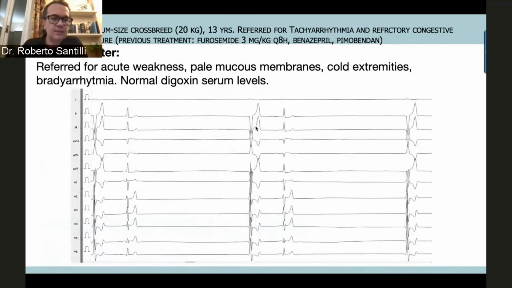So suddenly this dog has prolonged sinus arrest, and if you look carefully, you have some form of atrial activation here, and sometimes the precordial leads can help you in this understanding. And as you can see also here, and then you have a ventricular escape here.